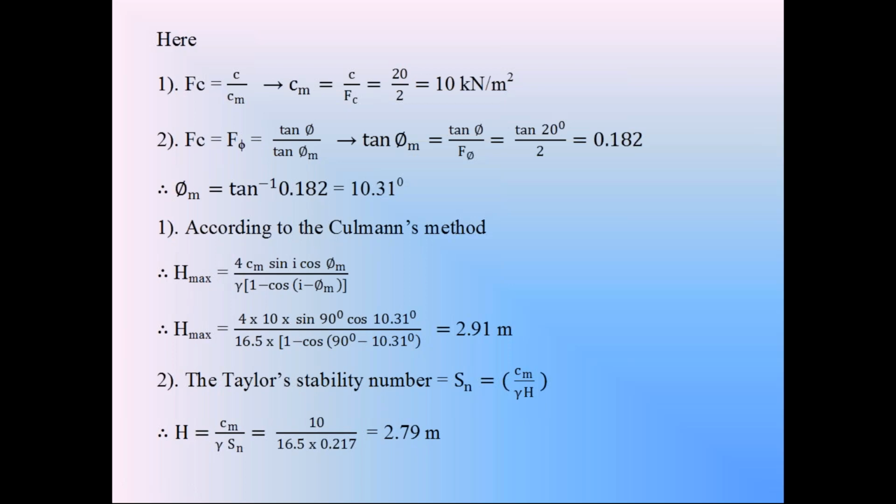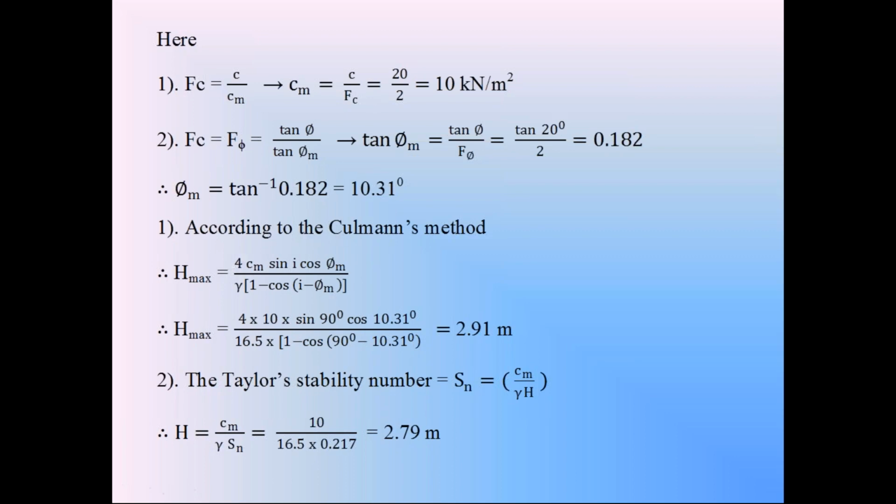We discussed that the maximum height of the soil slope is equal to, this is the equation, right hand side, 4 Cm sin i cos phi m by gamma into 1 minus cos (i minus phi m).